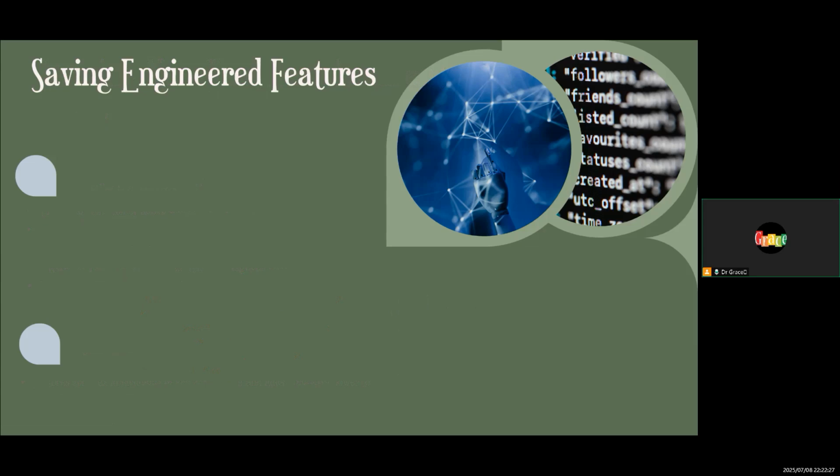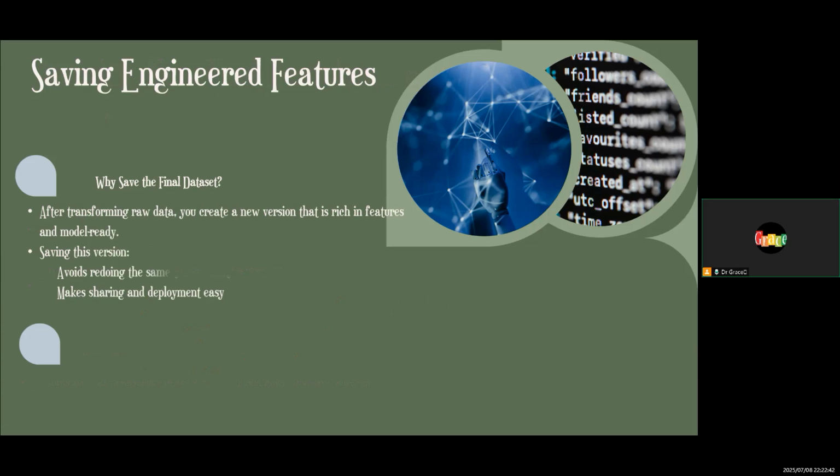Now, saving engineered features. This part is very important, especially when you have carried out your feature engineering tasks. Why do we need to save the final dataset? After processing your raw dataset, it is very important for you to create a new version that is rich in features and model ready.